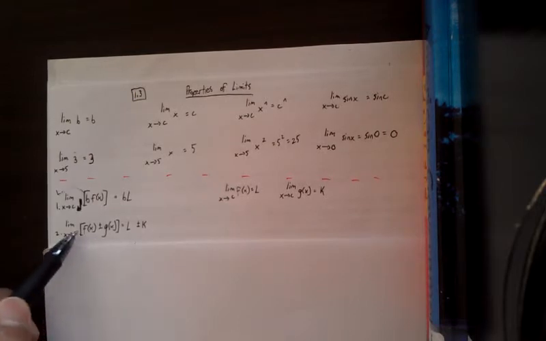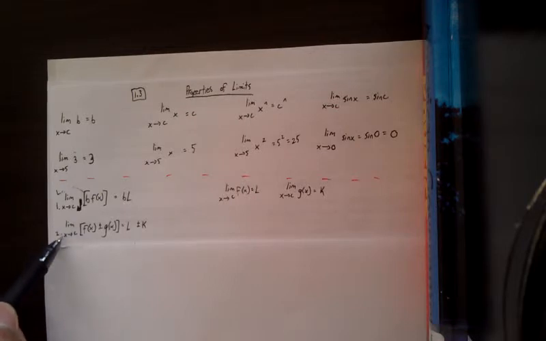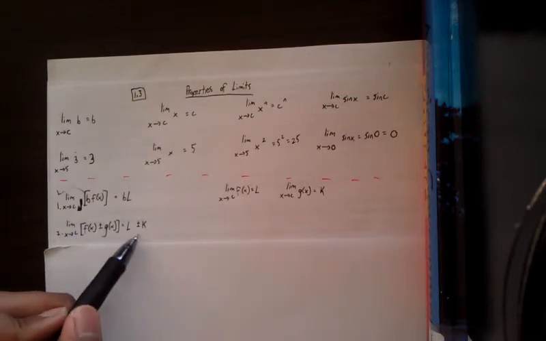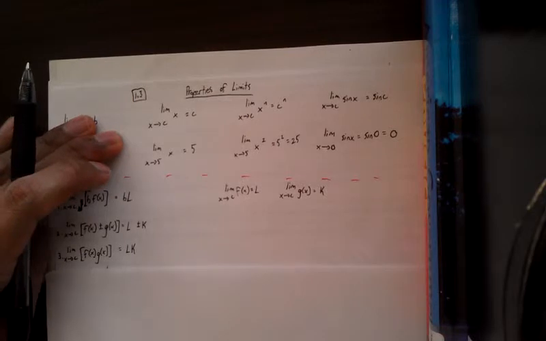Pretty much just saying split it up and find the limit as x approaches c of f of x, and then find the limit as x approaches c of g of x, and then do whatever the sign tells you, whether to add or subtract, and you just do that with whatever the limits came out to be.